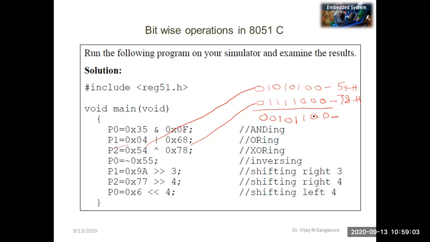So this will result in 2C. The bitwise XOR operation between 0x54 and 0x78 produces 0x2C, or 2CH, and that will be output to port 2. Next is the bitwise inversion operation.